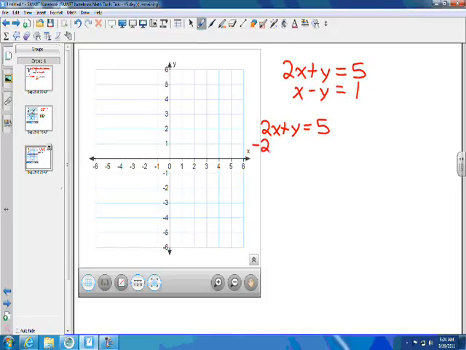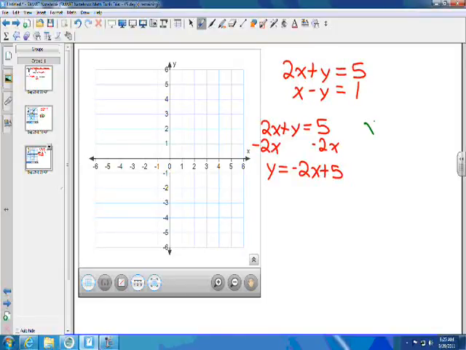So minus 2x from both sides. So our equation is now y equals negative 2x plus 5. So once you get to that point, there's no reason why you should miss any of these. Calculator will tell you the answer.